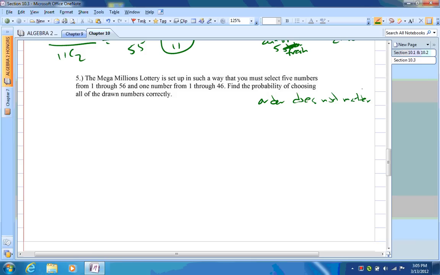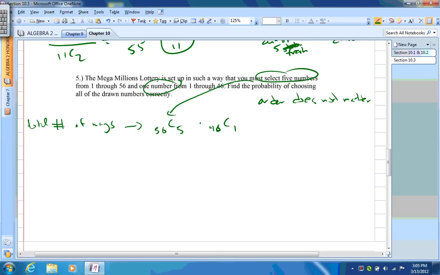So if you think about the total number of ways I can select 5 numbers from 1 through 56 and 1 number from 1 through 46. So 56C5 is all the ways I can select 5 numbers from 1 through 56, and 1 number 1 through 46 is 46C1.